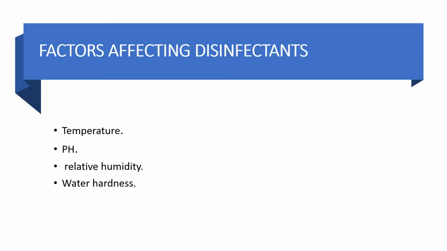Numerous physical and chemical factors determine the effectiveness and rate of kill of a given microorganism and influence disinfection procedures, such as temperature, pH, relative humidity, and water hardness. Temperature has a major effect as it controls the rate of chemical reaction. pH affects the ionization of the disinfectant and the viability of the organism.